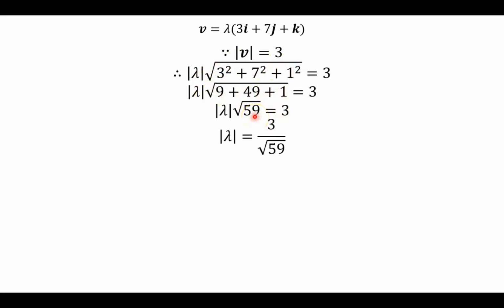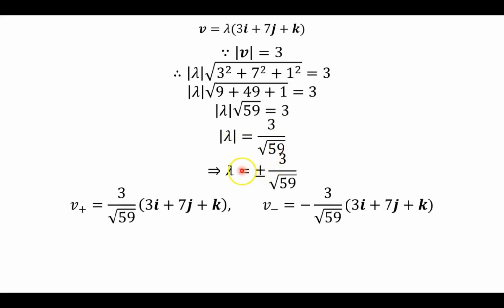You compute this, and you get square root of 59. That's the length of this vector here, and you divide this over, you find the absolute value of lambda is 3 over square root of 59. And then what you do is you take out the absolute value sign, but you need a plus or minus sign here. You get lambda is this thing. This is your two lambdas.